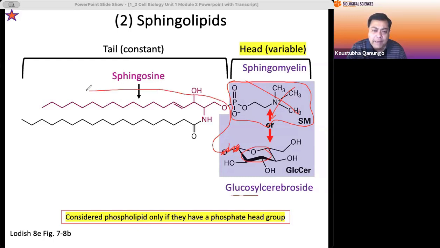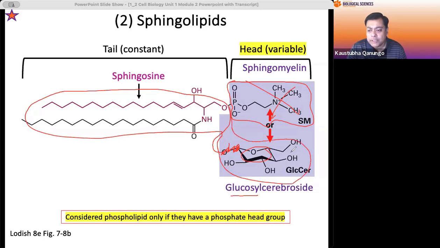This whole fatty acid tail will remain the same, but this will become this. So this head group is attached to this. And that is a glucosylcerebroside, also known as a glucocerebroside. Sometimes instead of saying glucosyl, we say glucocerebroside.